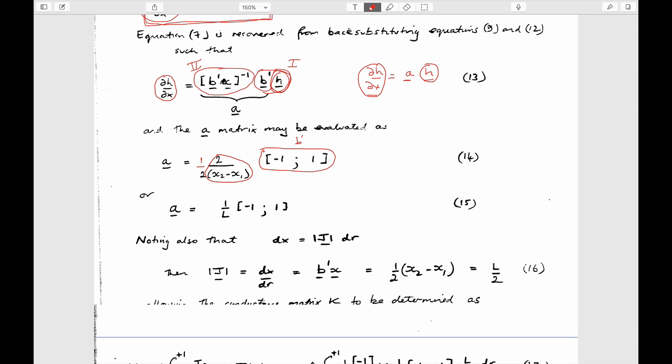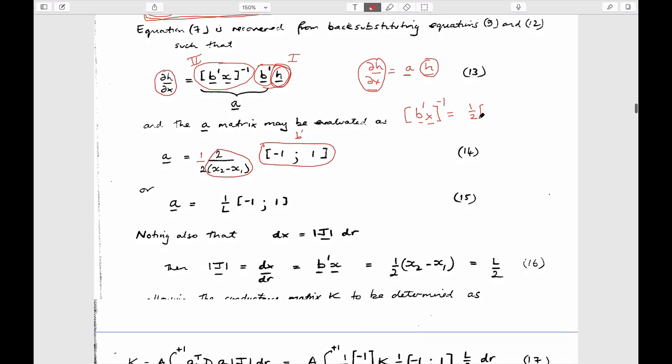So B prime x, if you want to write this out, minus 1 is going to be equal to what? A half times minus 1, 1? Yeah.